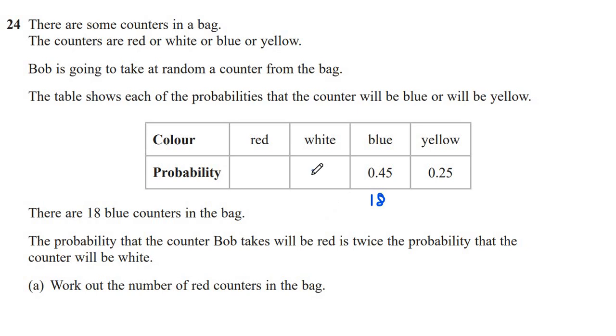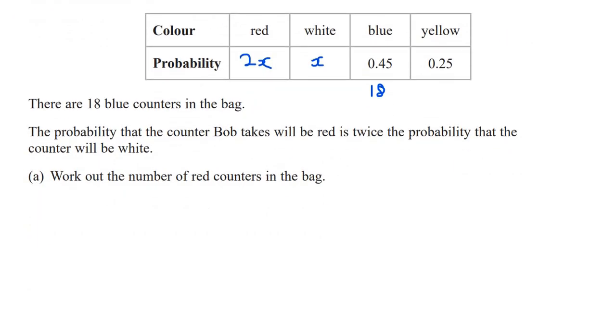So the probability of this, let's call that X, and the probability of red will be twice that, so this will be 2x. All right, now work out the number of red counters in the bag.